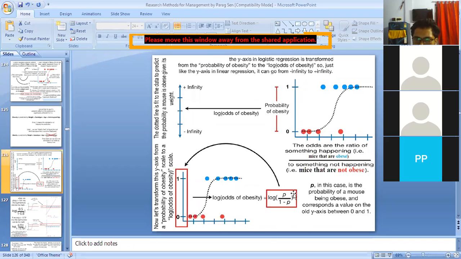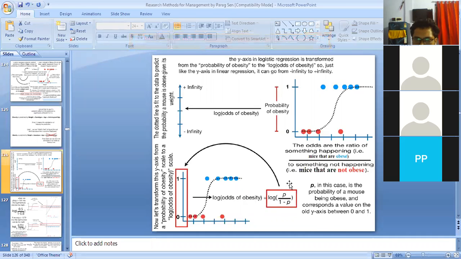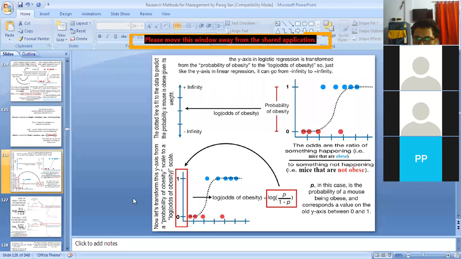If the probability that the mice are obese is p, then the probability that they are not obese is 1 minus p. So if you take the log value, it will be log of p divided by 1 minus p. You can transform the probability of obesity to the log odds of obesity.